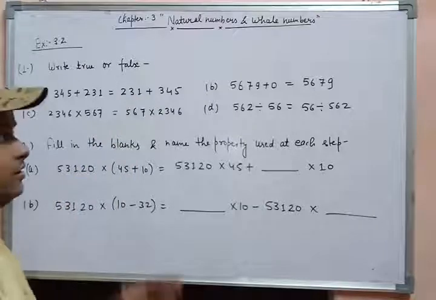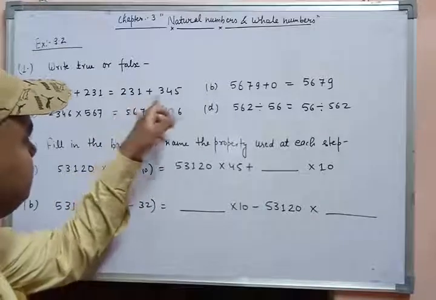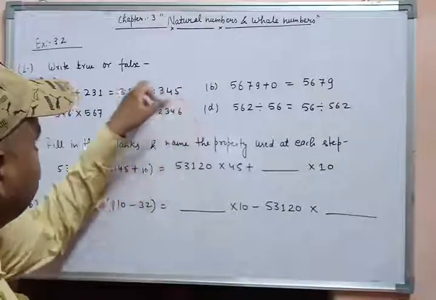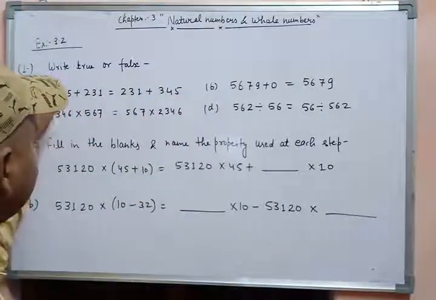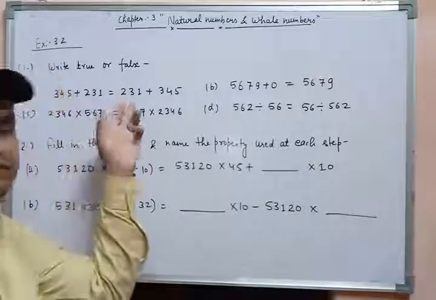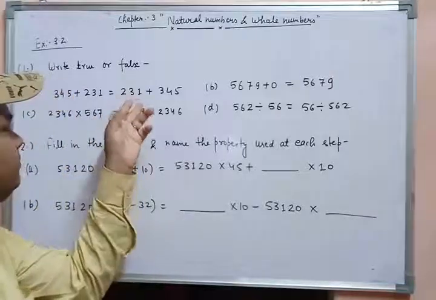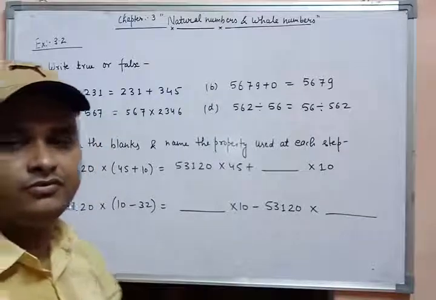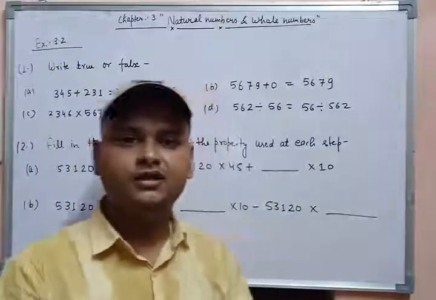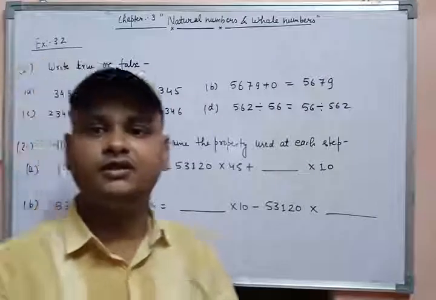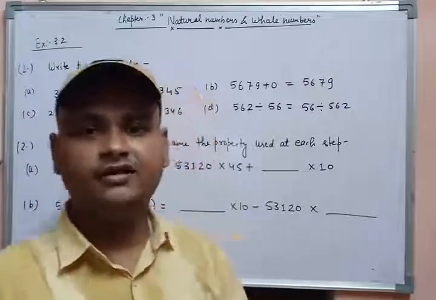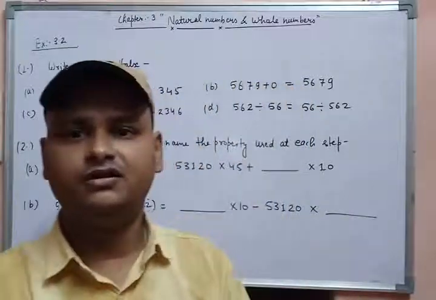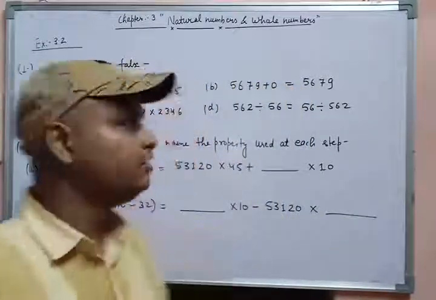So students, this part of question number 1 is totally based on the commutative property of whole numbers: if we take two whole numbers and add them, and if we change the order, then we get the same result.